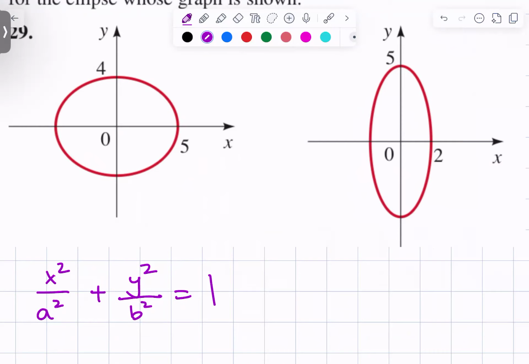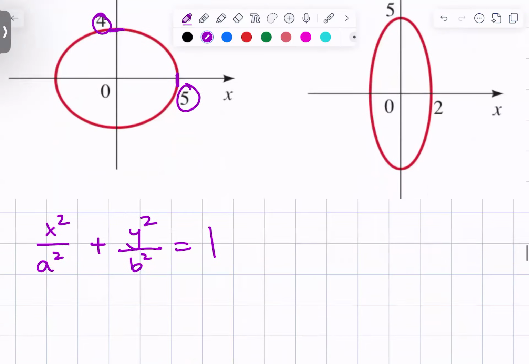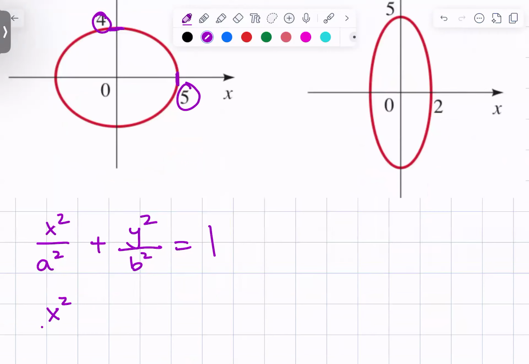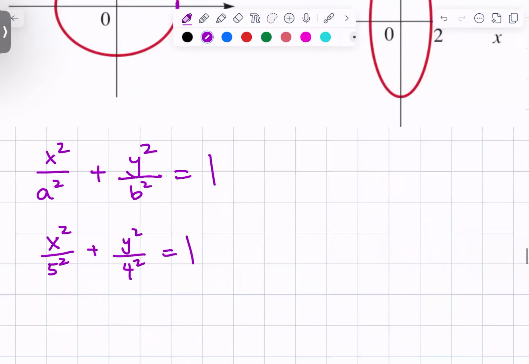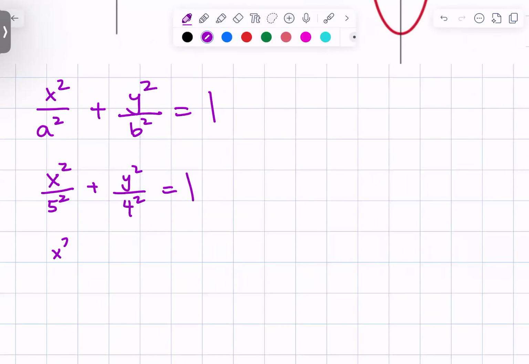What is my a value? Well, this point here is at 5. This point here is at 4. So that's my a and my b value. So this one is just x squared over 5 squared plus y squared over 4 squared equals 1. I don't have to talk about 5 squared being equal to 25 and 4 squared being equal to 16. And that is my equation.